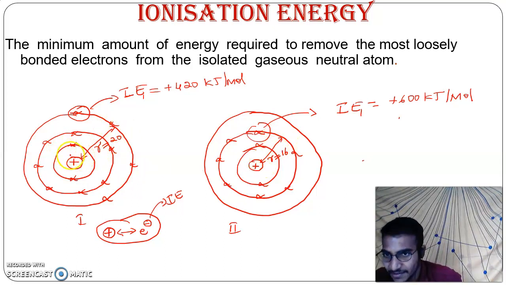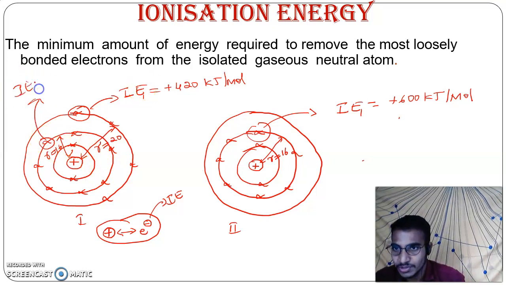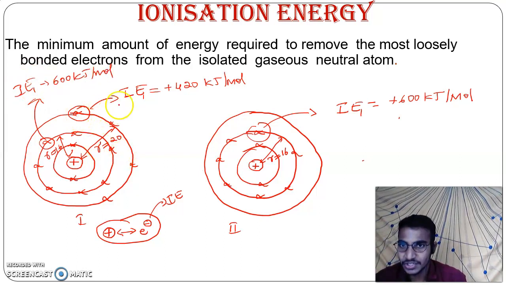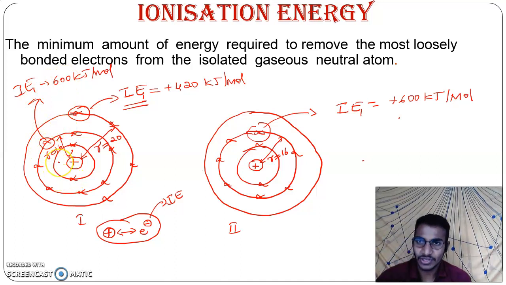If you want to remove an electron from the second shell, where R is equal to 16, you require more ionization energy, 600 kilojoule per mole. But to remove an electron from the third shell, you require less ionization energy, because the third shell is somewhat farther than the second shell. This is the concept you should remember.